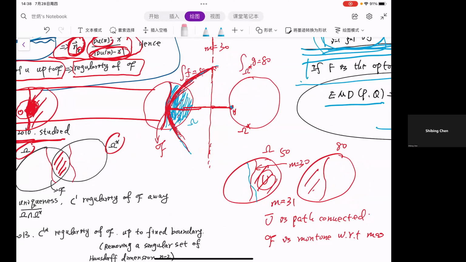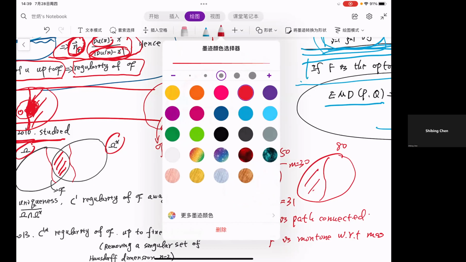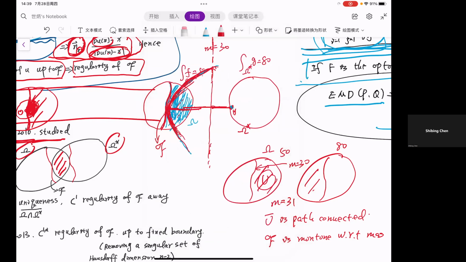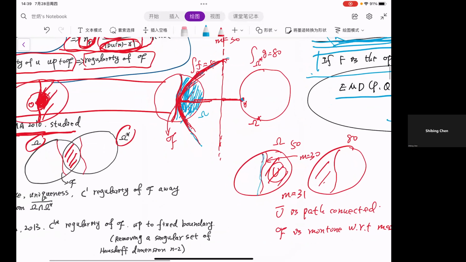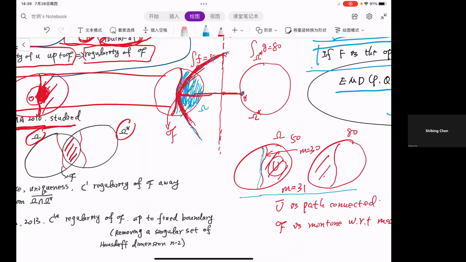Basically, it means the new free boundary moves in one direction and will not intersect the original one. Also, I remember some other authors studied the quantitative monotonicity of the free boundary with respect to the mass transported.